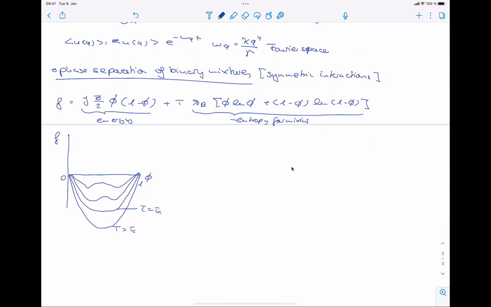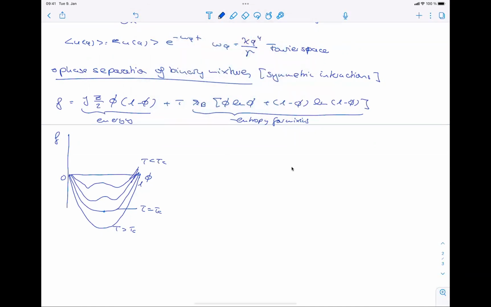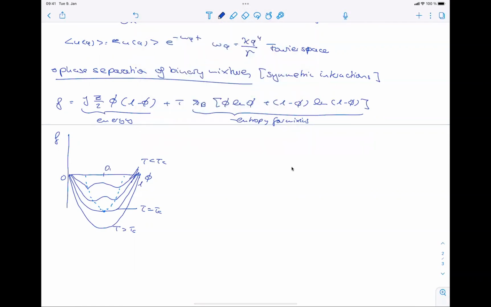It would be at the critical temperature, and then these two would be below a critical temperature, where we observe a phase transition into, so the stable states would be the minima of the free energy, which are now demixed phases of, so this would be a half of the corresponding fractions.